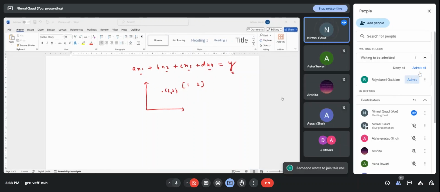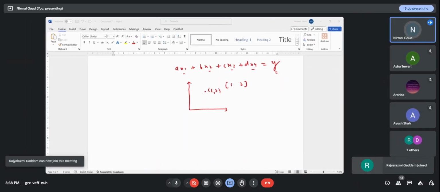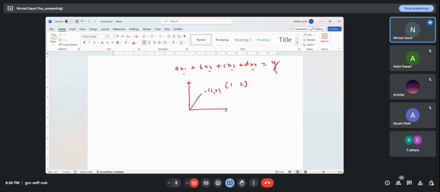Okay, so this 1 comma 2, I told you, is a vector quantity, and I was saying that this is a vector, it's one dimension.